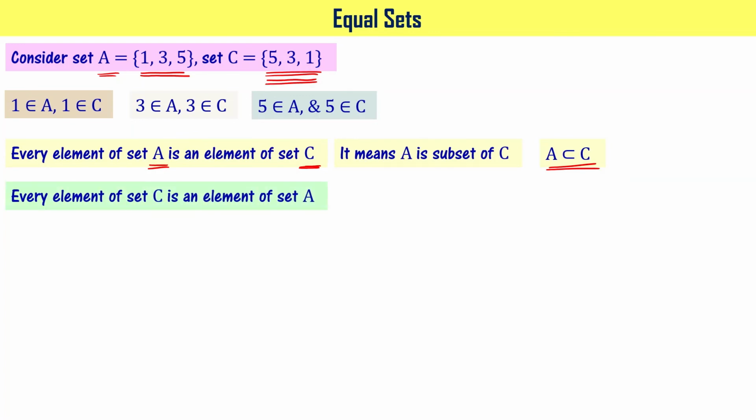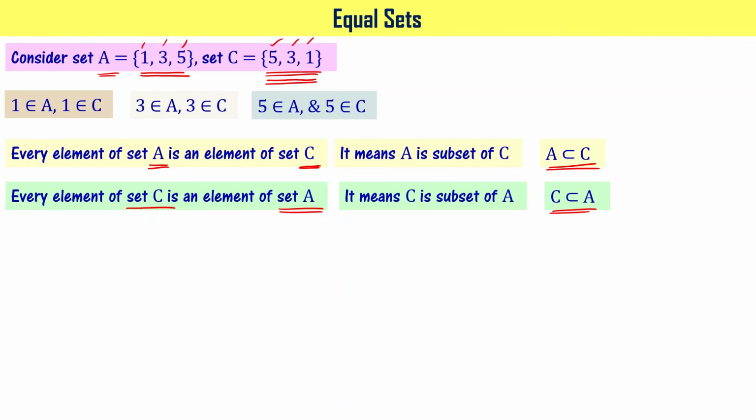Every element of C, 5, 3 and 1, is present in A. Every element of set C is an element of set A, which means C is a subset of A. Understood? We can write it as C is a subset of A.